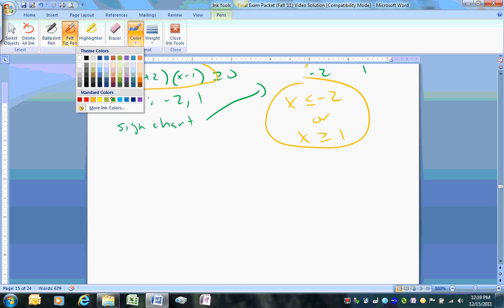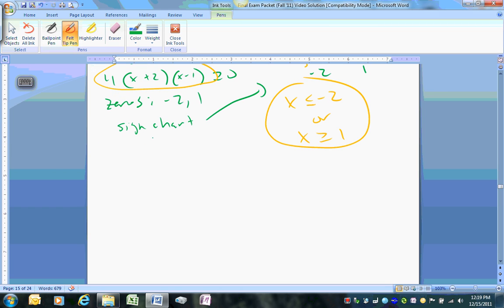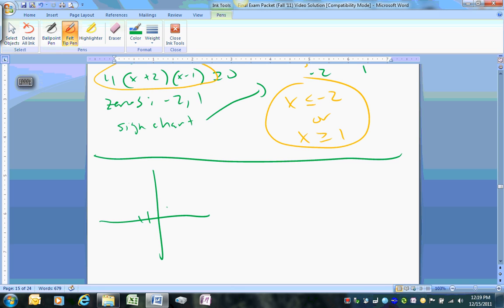If we graph it, which is fine, all you have to do is just show me your graph. So if you graph it in the calculator, you'll see a graph that looks something like this.